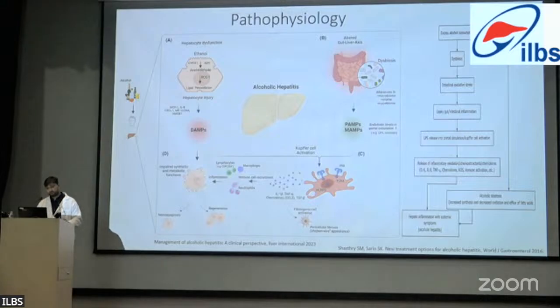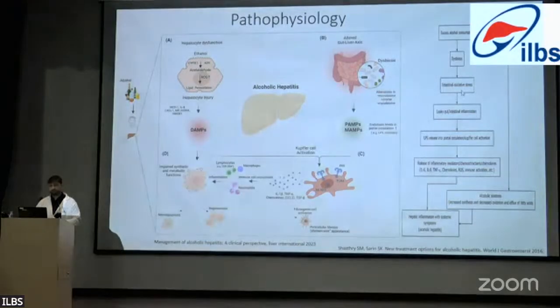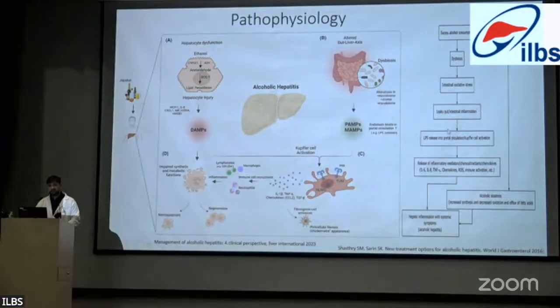In patients of alcoholic hepatitis, excess alcohol consumption first directly leads to alcoholic steatosis, and it also causes an altered gut-liver axis, causing dysbiosis and intestinal oxidative stress, causing leaky gut or intestinal inflammation that causes release of LPS into the portal circulation, causes Kupffer cell activation and release of inflammatory mediators, chemoattractants and cytokines in the blood, that causes further hepatic inflammation with systemic symptoms, causing alcoholic hepatitis.